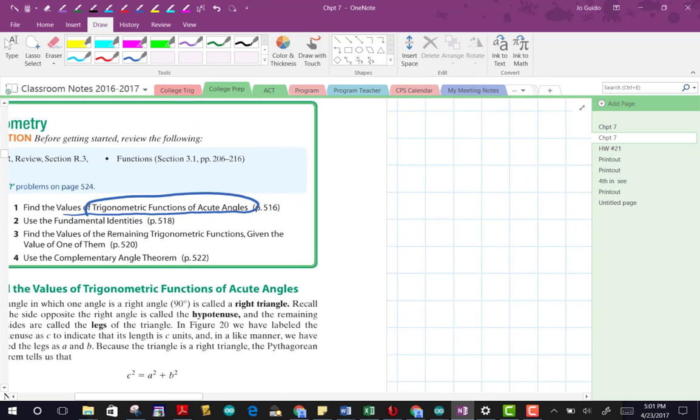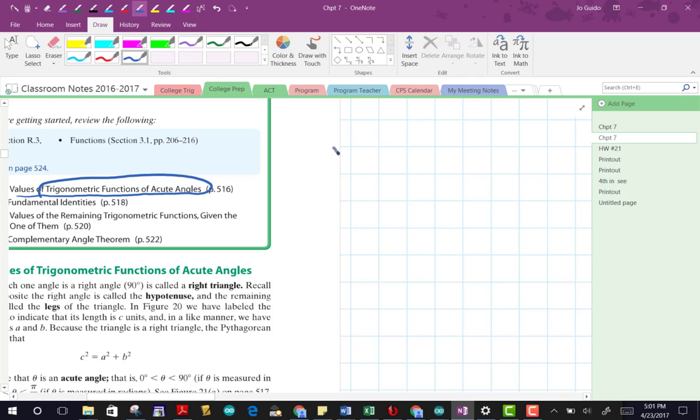If you do a quick mental review in your head, and you remember SOH CAH TOA, remember that sine is equal to opposite divided by hypotenuse. Cosine is equal to adjacent divided by hypotenuse. And tangent is equal to opposite divided by adjacent.